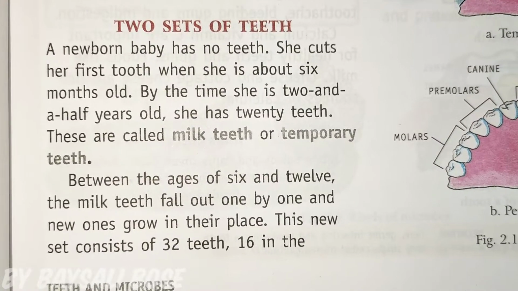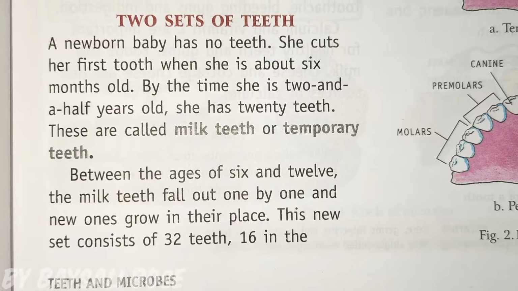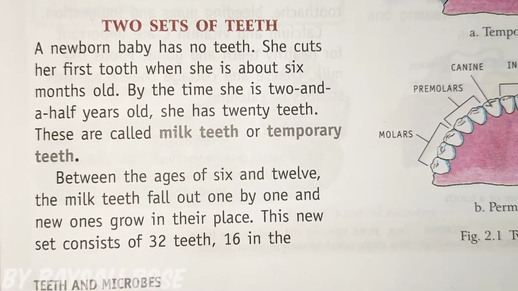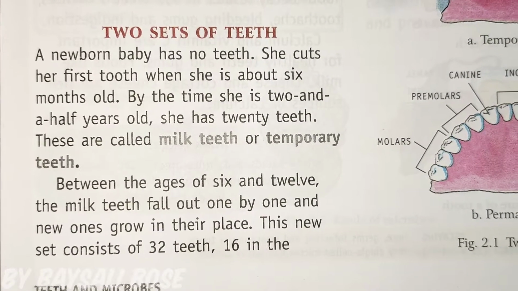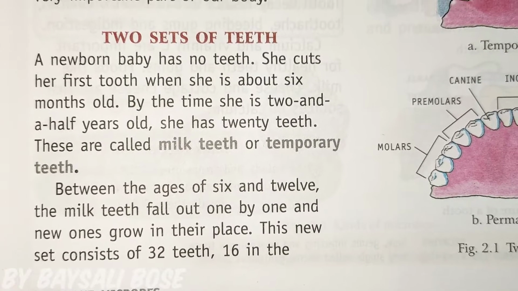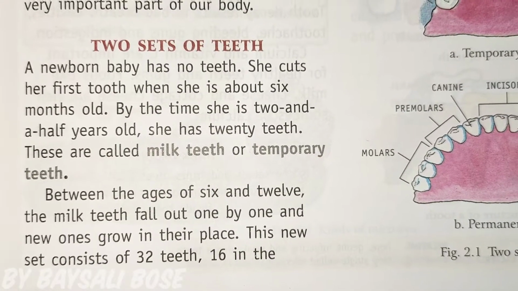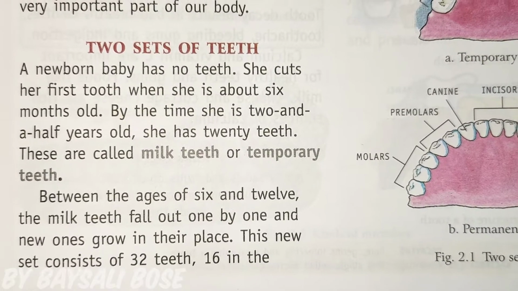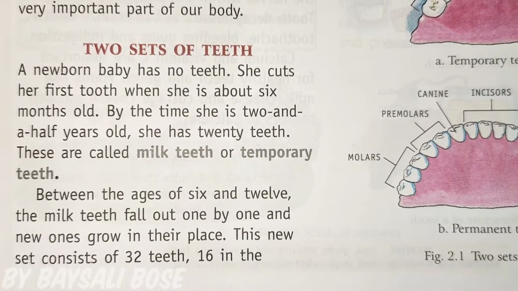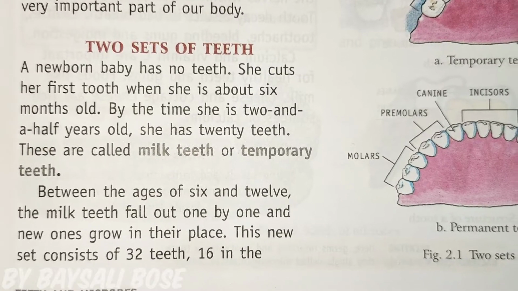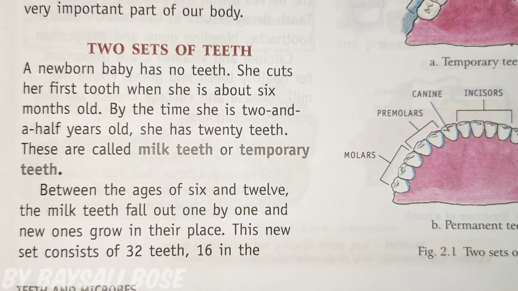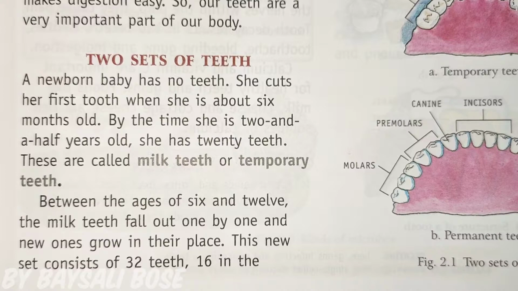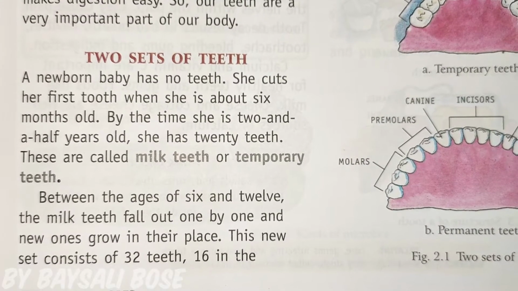By the time she is 2.5 years old, she has 20 teeth. These teeth are called milk teeth or temporary teeth. Between the ages of 6 and 12, the milk teeth fall out one by one and new ones grow in their place. This new set consists of 32 teeth.